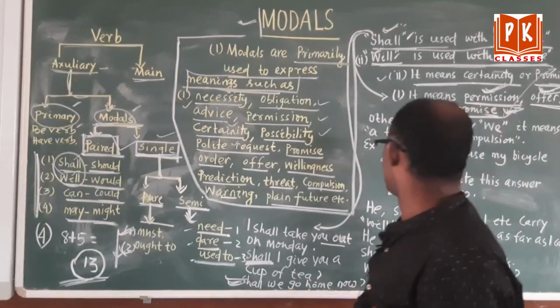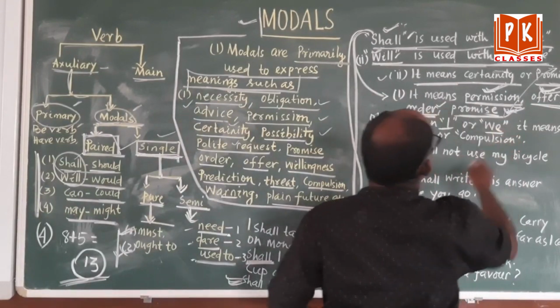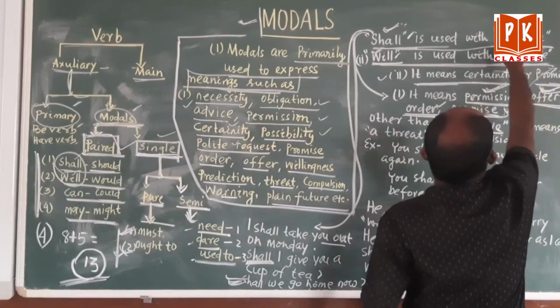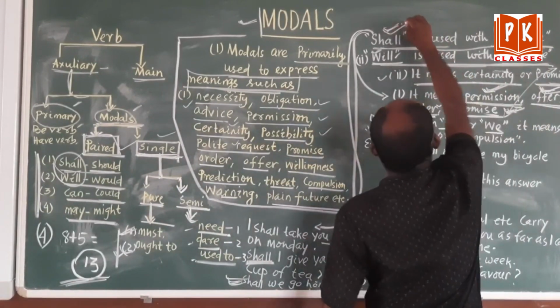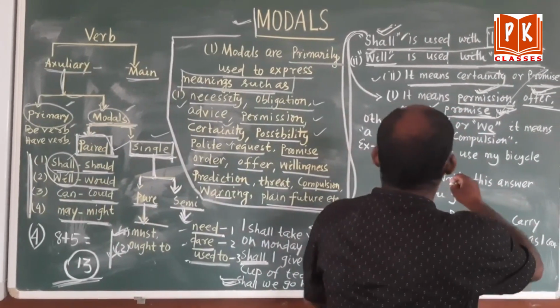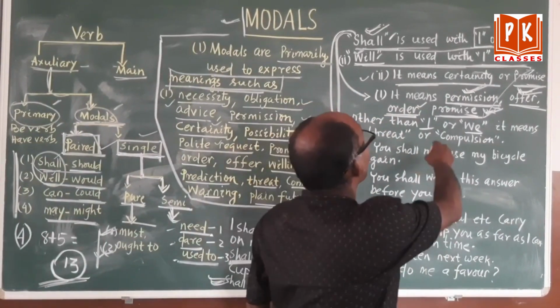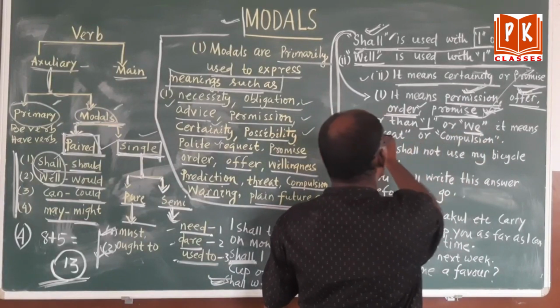Or please remember, if it is other than I or we, I have already told you about I or we, you will use shall. If you leave I or we and you are using they, you, other than I or we, then what will its meaning be?